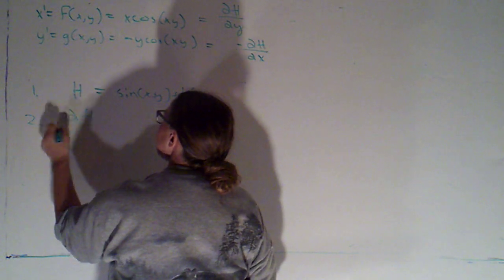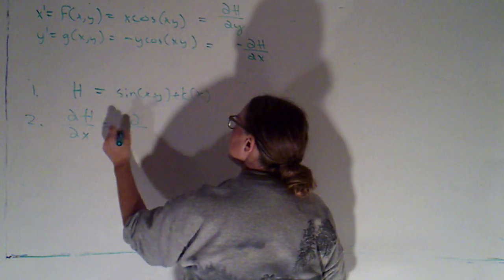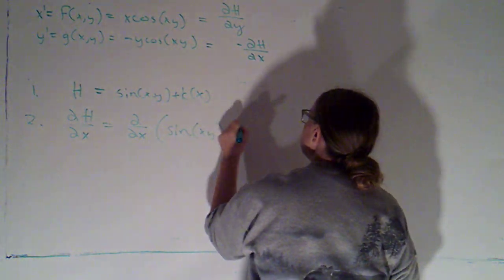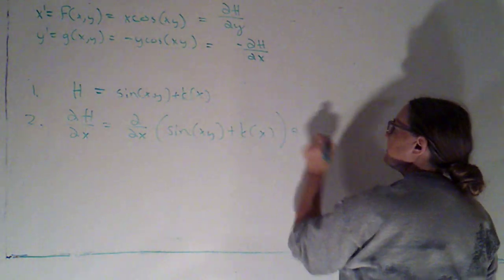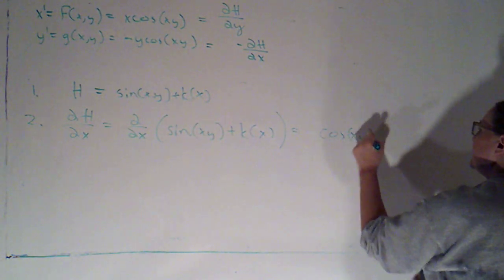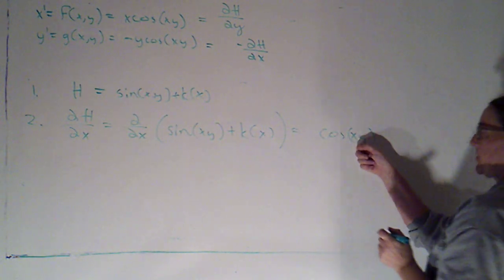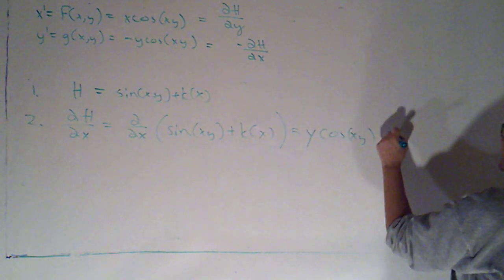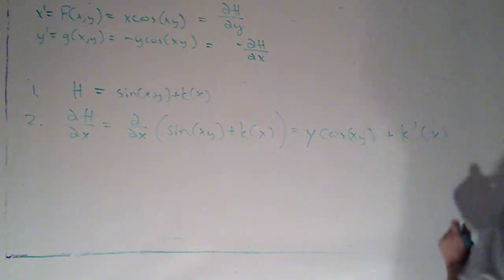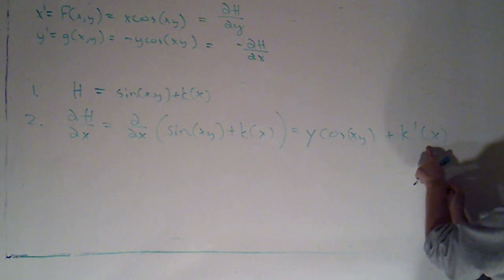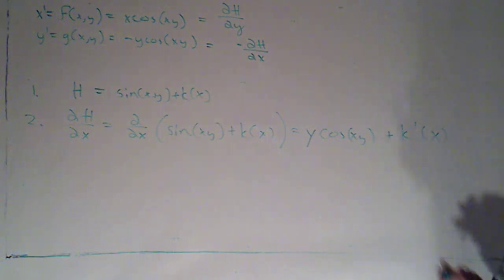So the partial of h with respect to x is going to be the partial with respect to x of sine xy plus k of x. That's going to be cosine of xy, chain rule, times the partial with respect to x of xy, which is just y, plus k prime of x. And here, because k is a function of just one variable x, it's okay to use the prime notation.